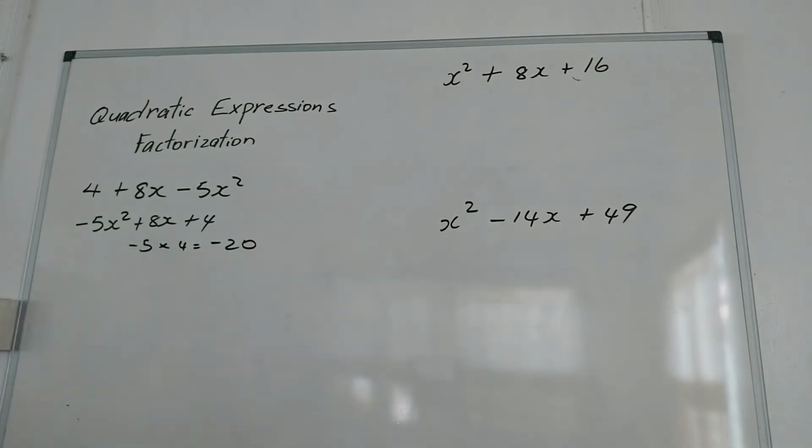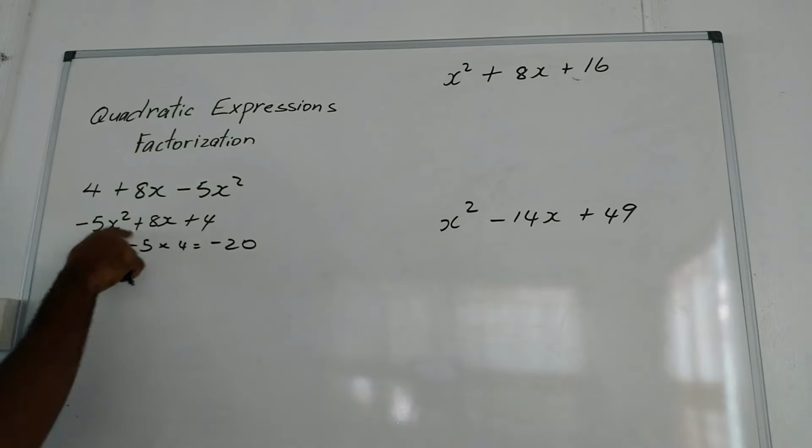So we want two numbers that when we multiply, we get negative 20, and when we add, we get positive 8. So what are those two numbers? If we're multiplying to get negative 20, it means that one number must be negative and the other must be positive.